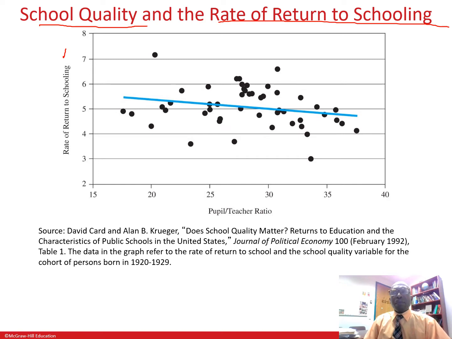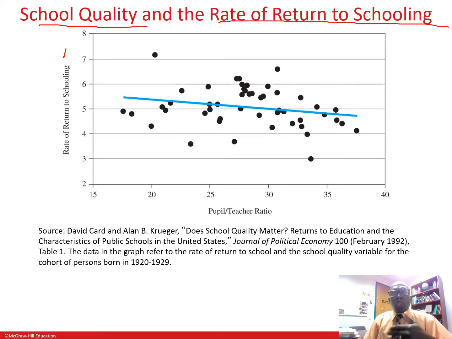By replicating the exercise for each of the 50 states, we get a complete picture of how the rate of return differs across states, allowing us to determine if the variation is related to differences in school quality.